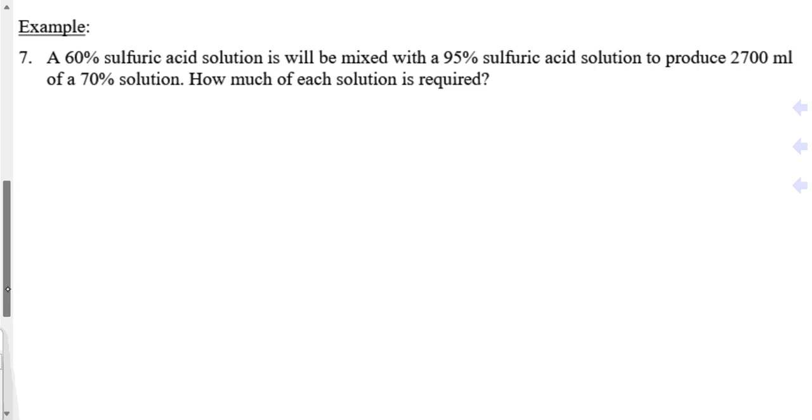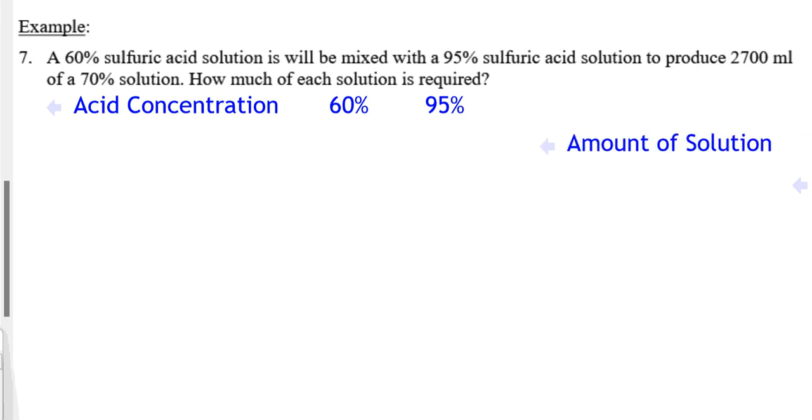This is a unique question because as we read through it, it looks like there's only one type of information. And it looks like it's just amounts of mixtures. But what we're given is acid concentrations of 60% and 95%.